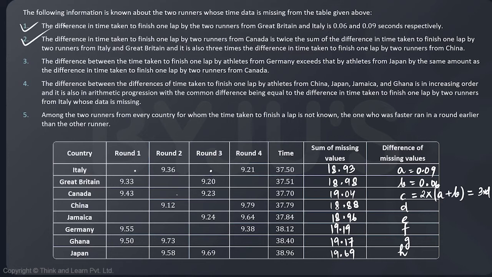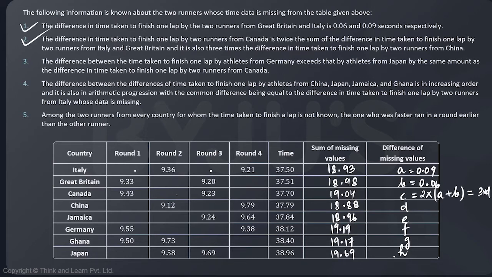So we're done with the first statement and the second statement. The third statement tells us the difference between the time taken to finish one lap by athletes from Germany exceeds that by the athletes from Japan by the same amount as the difference in time taken to finish one lap by 2 runners from Canada. These are the differences, that's why we have taken the last column.